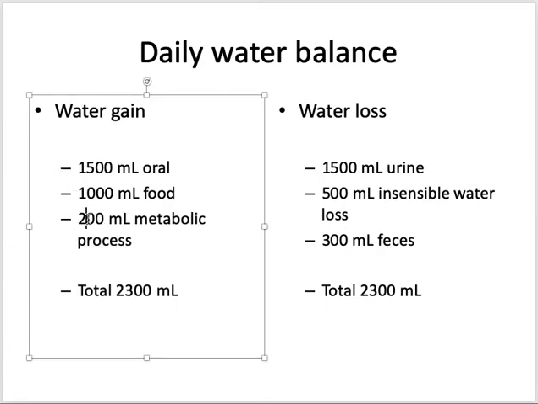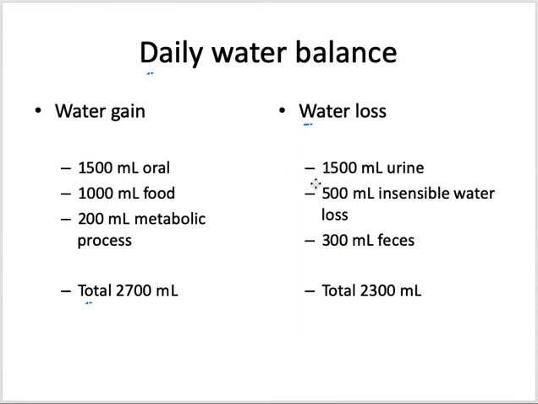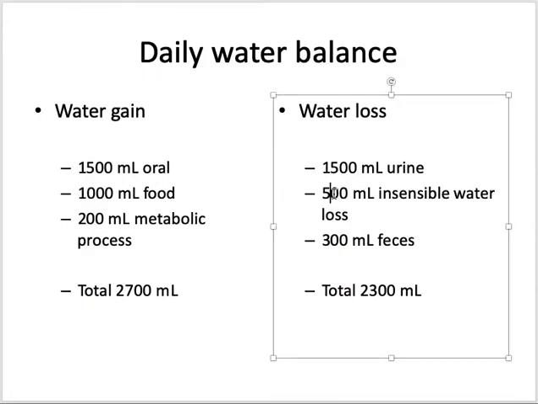So how much will it be? It will become 2500, 2600, 2700. Daily water losses include 1500 ml in urine, 100 to 200 ml in stools, and 1000 as insensible water losses, and 200 ml in feces. So that will make around 2700.